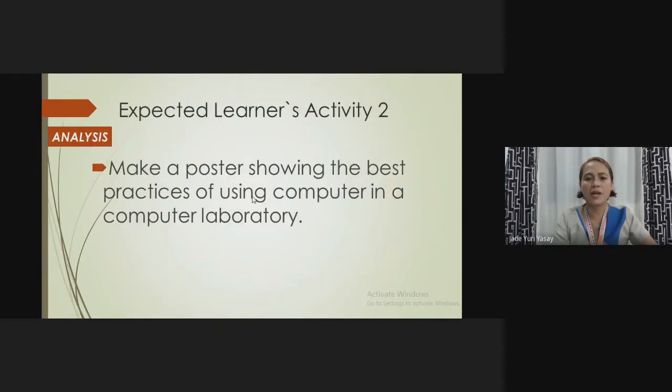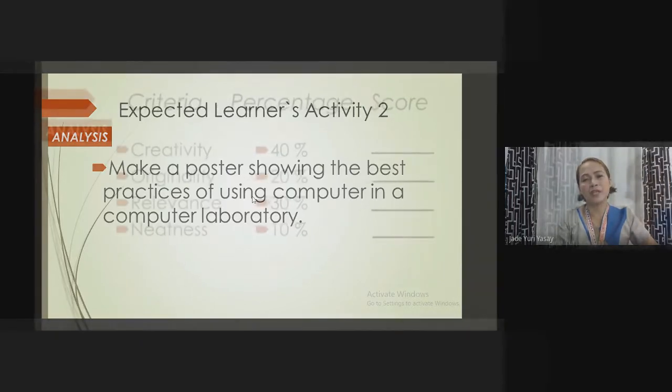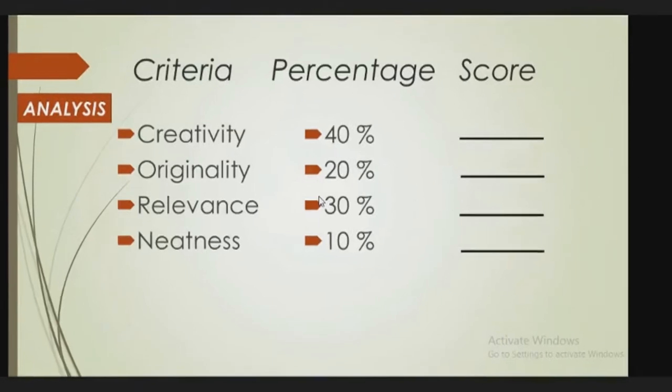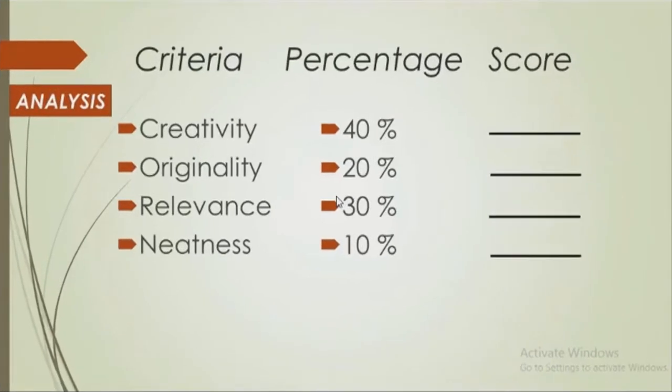So for the second activity, this is also the second A, which means analysis. Make a poster showing the best practices of using computer in a computer laboratory. So we have here the criteria how to give percentage of the learner's output.